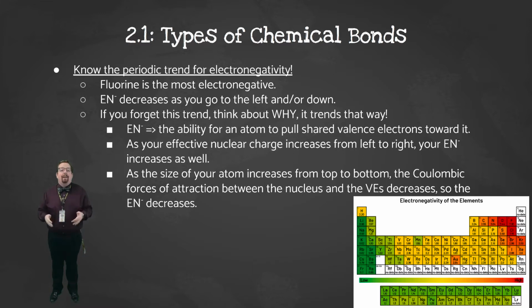As you move down a row, you add principal energy levels, or shells of electrons, pushing the valence electrons further from the nucleus. According to Coulomb's law, the further the 2 charged particles are from each other, the less attractive force there is. So the bigger the atom is, the less able it is to attract shared electrons. In other words, the less electronegative it is.